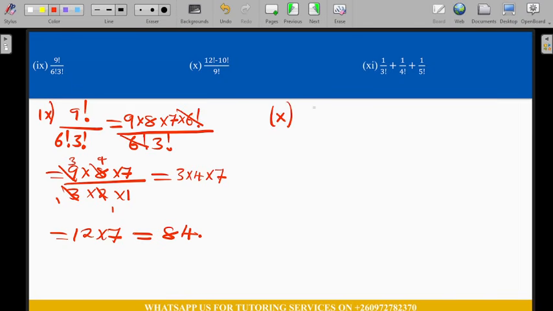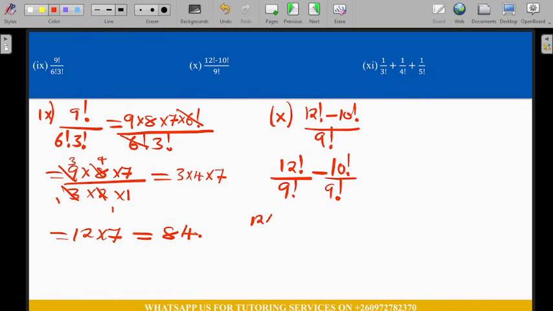Then for part 10, what we have is 12 factorial minus 10 factorial over 9 factorial. Here since 9 factorial is the common denominator for whatever we have on our numerator, we can split. So we're going to say this is 12 factorial over 9 factorial minus 10 factorial over 9 factorial. Once we do that, we can evaluate these separately, meaning we'll reduce 12 up to 9.